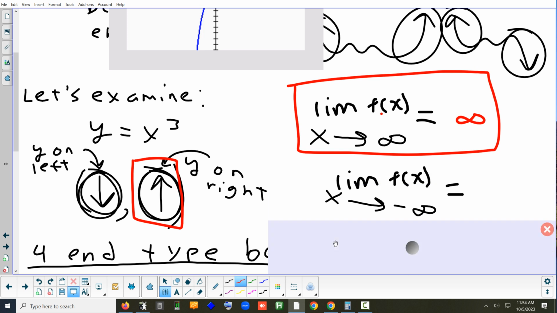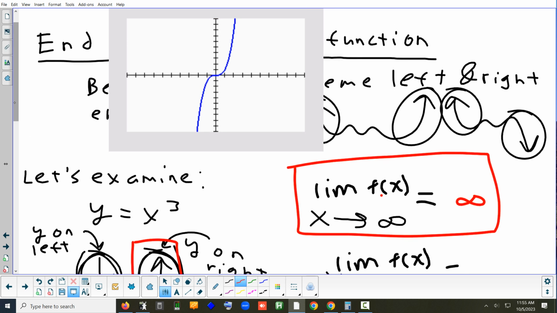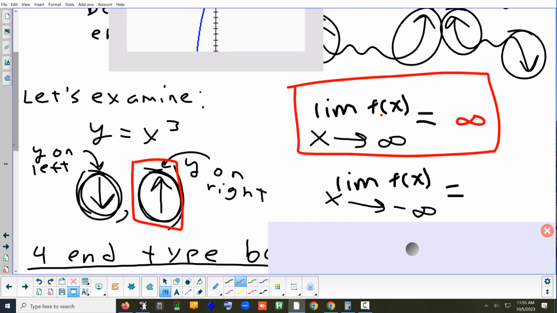This one is saying what happens to the y value as x approaches negative infinity. Negative infinity is on the left. So what happens to y in that graph as you head further left? Goes down. And what does it go down to? Negative infinity. Yep.